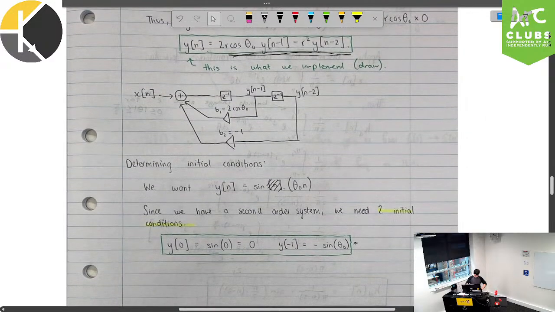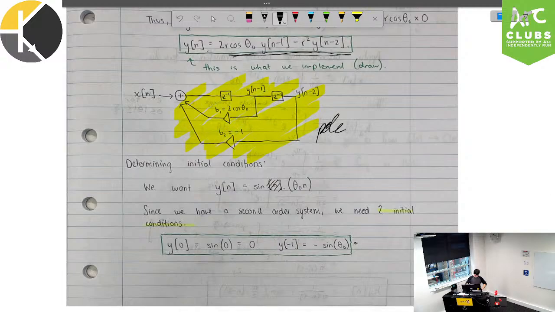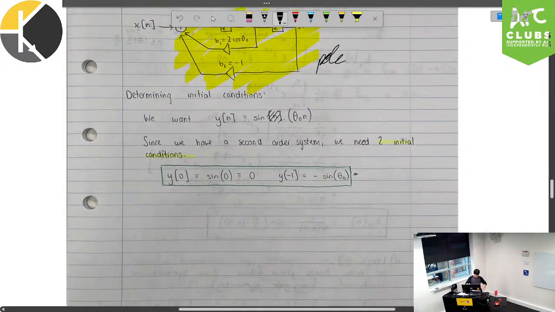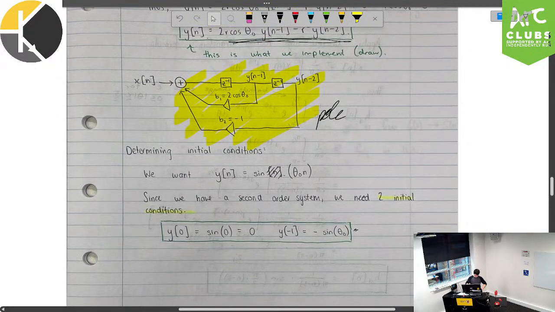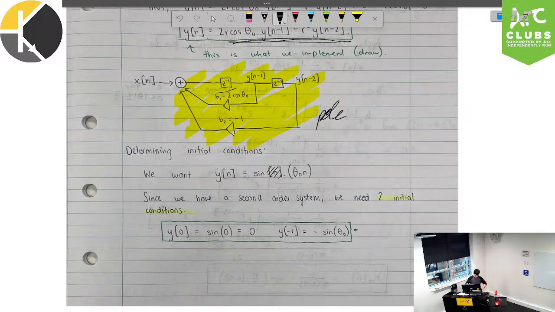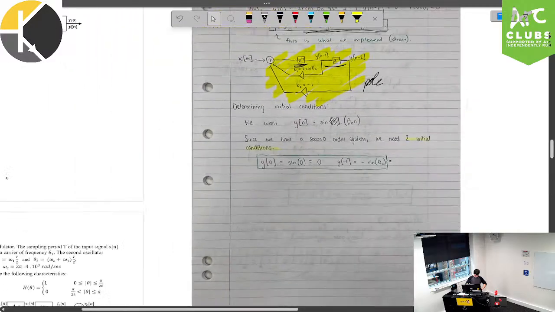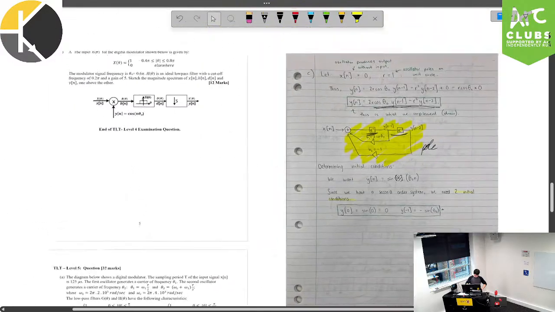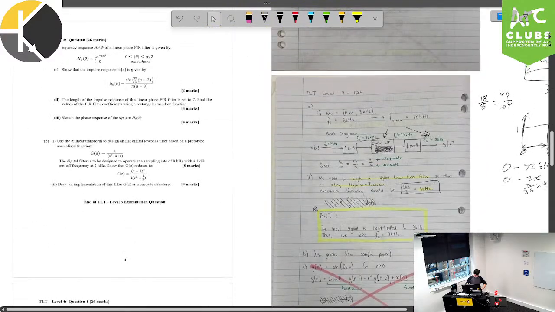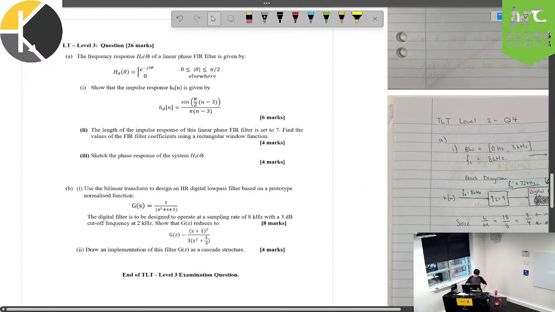And so we just generate the whole section, since we're dealing with feedback, and we just need to supply the initial conditions. So we supply 2 different initial conditions, simply because it is of degree 2, going backwards, and so we give 0 and minus sine theta 0. Fantastic stuff. All right, move on to TLT level 3, and then we'll jump onto a couple Kahoot questions.